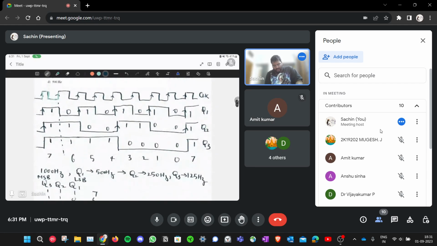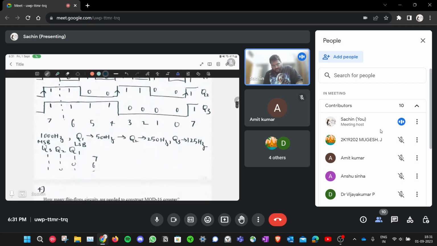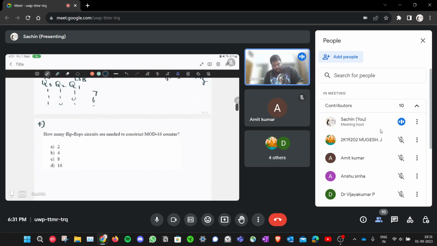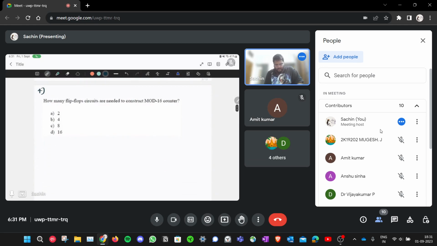But with 3 flip-flops you can count from 0 to 2 power n minus 1. So that means with n flip-flops you can count from 0 to 2 power n minus 1.